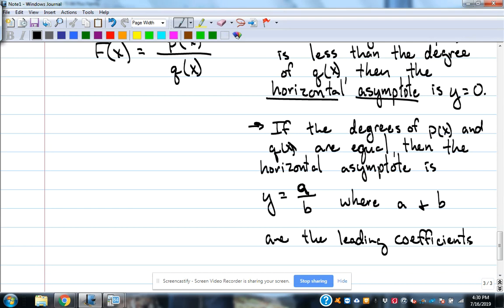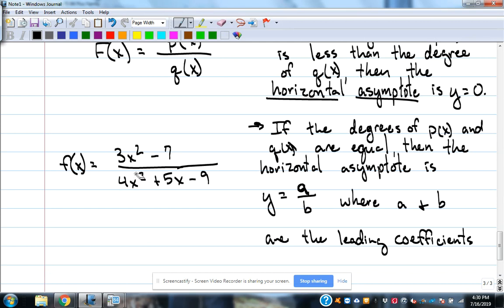This rule is a little tough to visualize. The other one is pretty straightforward. You don't have to calculate anything. With this one, you've got to have something to kind of go by. An example of that might be something where you have maybe 3x squared minus 7 over 4x squared plus 5x minus 9, something like that. Here, the degree of the numerator is 2. The degree of the denominator is 2. They are equal to each other.